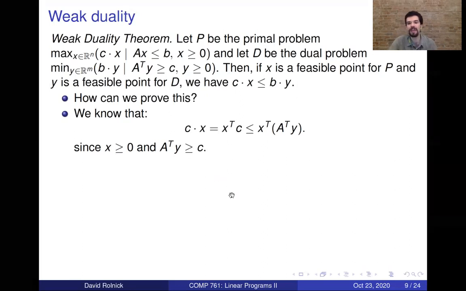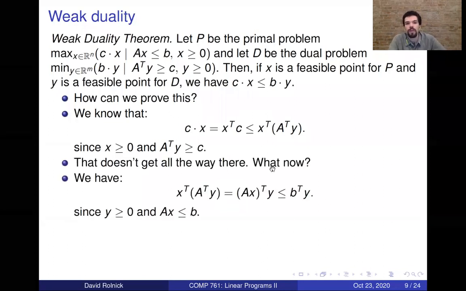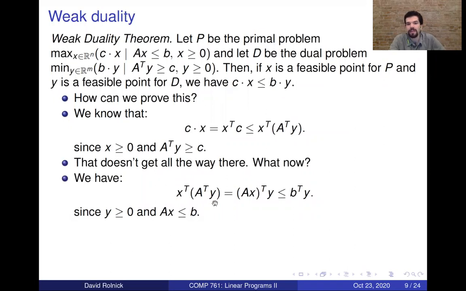So we do the same thing using the other constraints. We can rewrite this as Ax transpose times y, just by moving the parentheses over here.